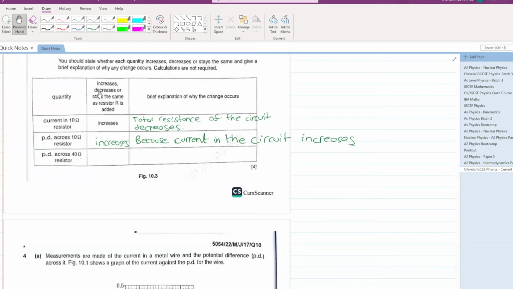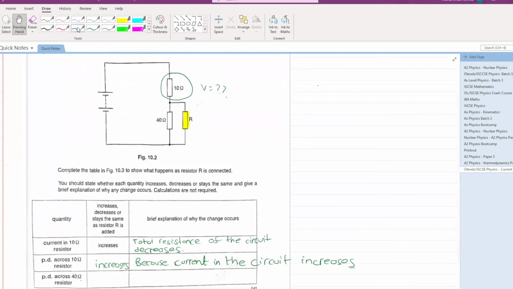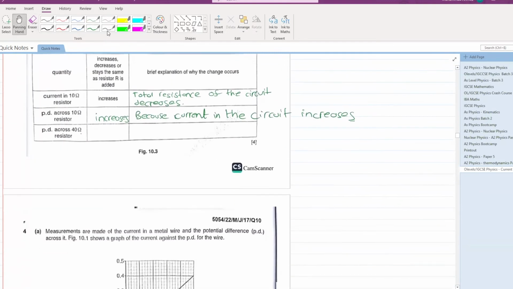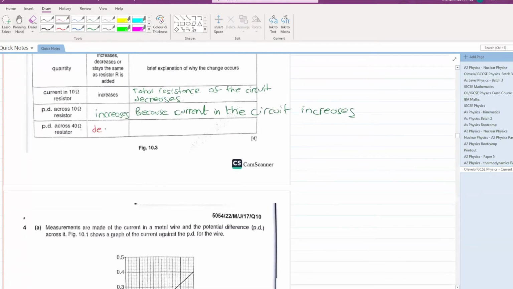What happens to the potential difference across the 40 ohm resistor? It will decrease. Why is that the case?